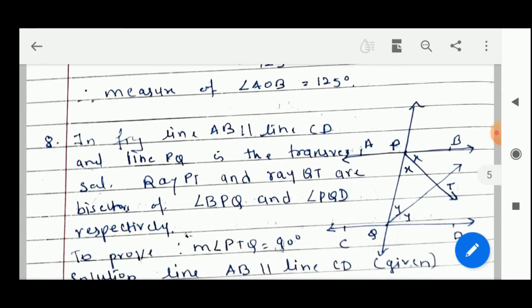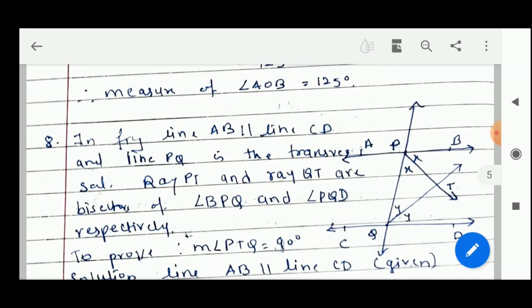So now the eighth sum you see here. In the figure, line AB is parallel to line CD and line PQ is the transversal. Ray PT and ray QT are bisectors of angle BPQ and PQD respectively.